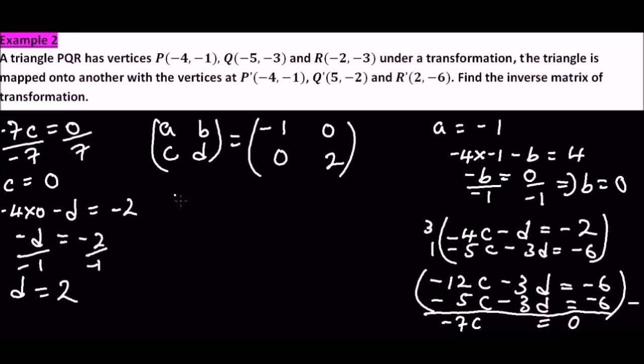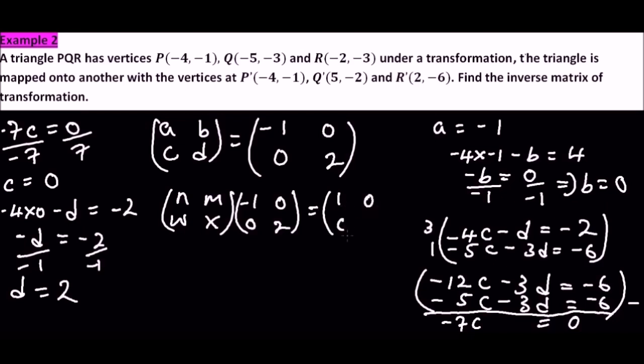So if we write our inverse matrix as M, N, W, X, we multiply by our transformation matrix minus 1, 0, 0, 2, the product should give us the identity matrix, which is 1, 0, 0, 1.